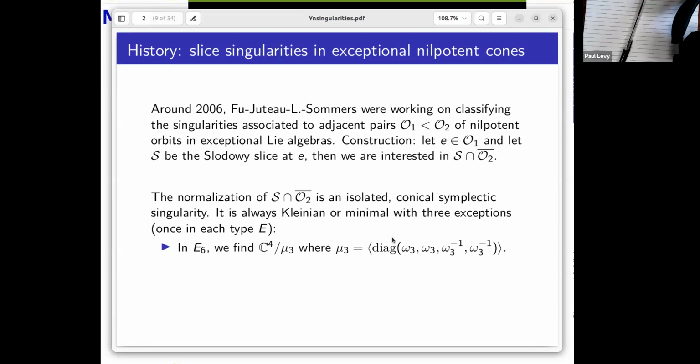The thing in type E6, there's a slice which gives you a quotient of a four-dimensional vector space by a free action of a cyclic group of order 3. And in type E7, I said this is one of our friends, we have a quotient of the minimal nilpotent orbit closure in SL3 by an outer involution. And so this is an isolated singularity.